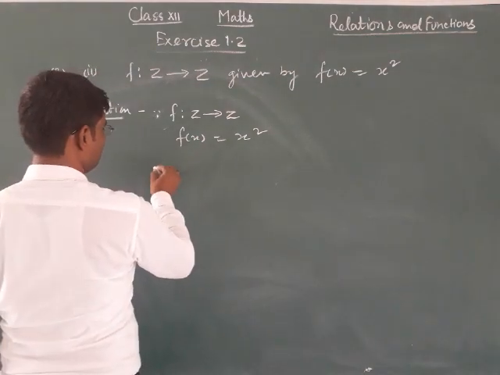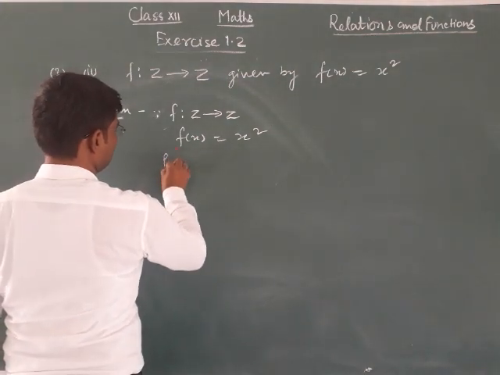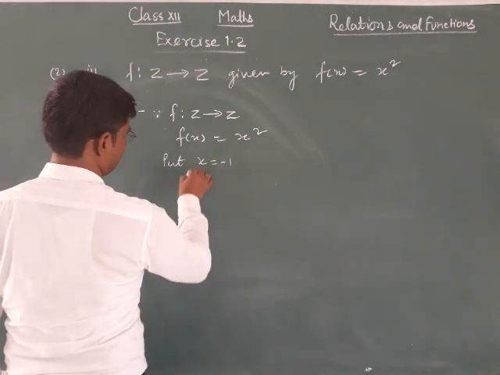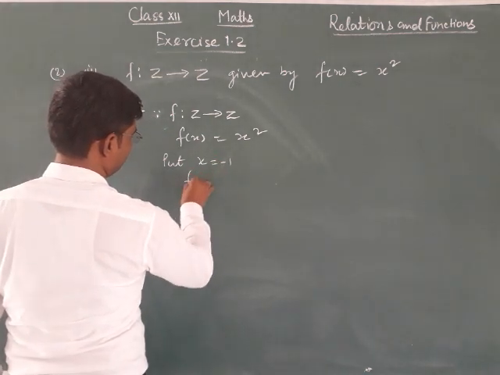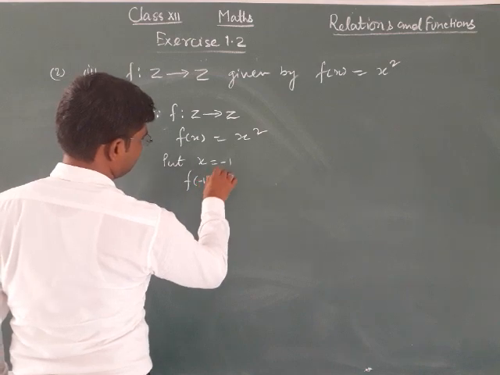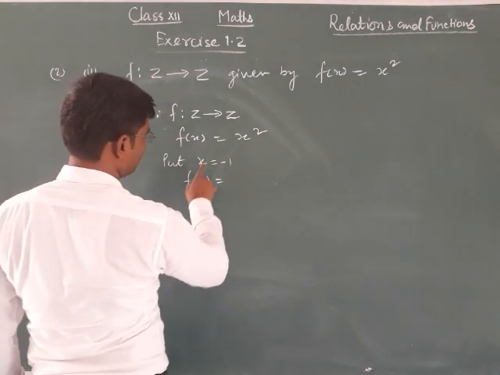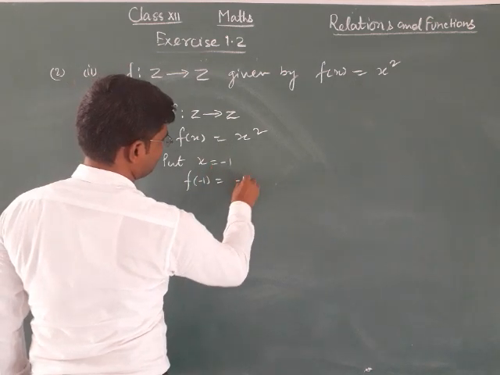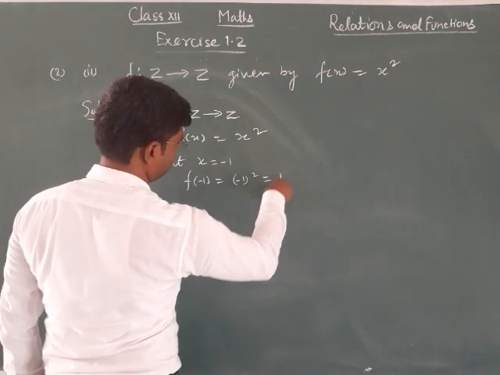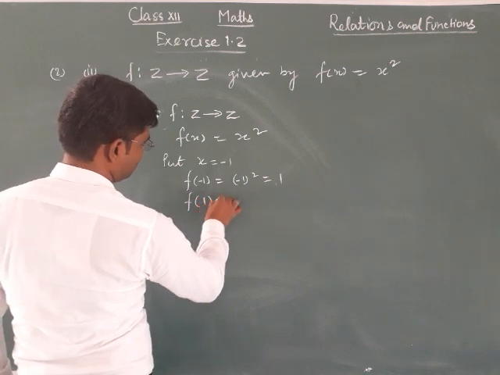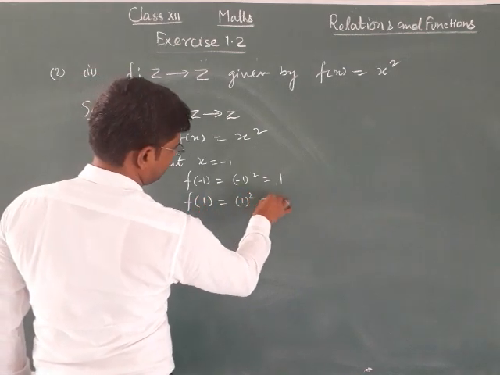Now put x is equal to -1. So f(-1) is equal to (-1) square is equal to 1. Also put x is equal to 1: 1 square is equal to 1.